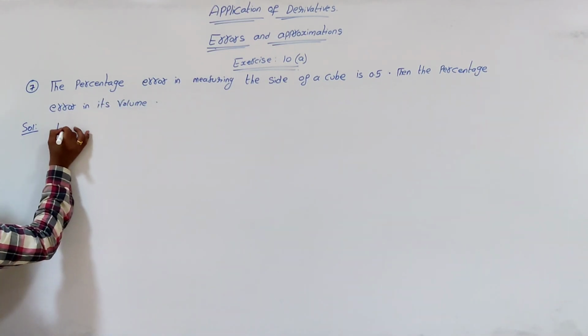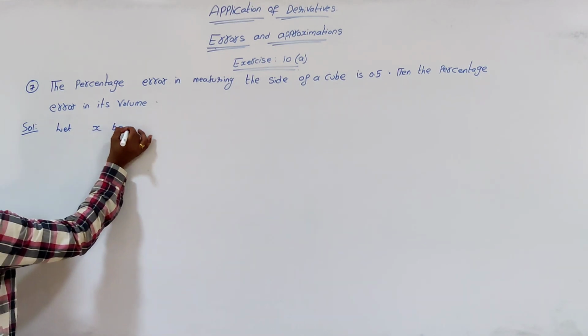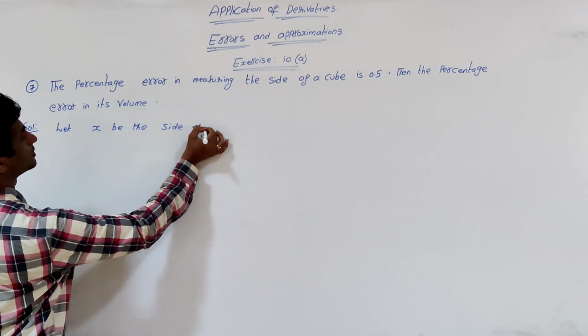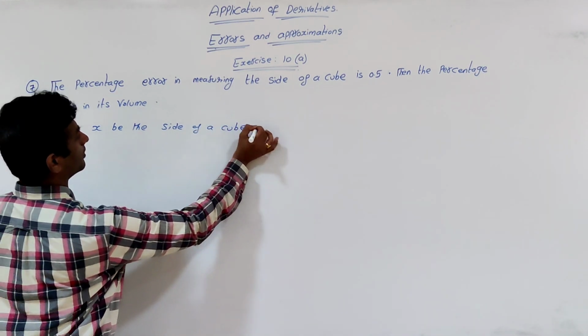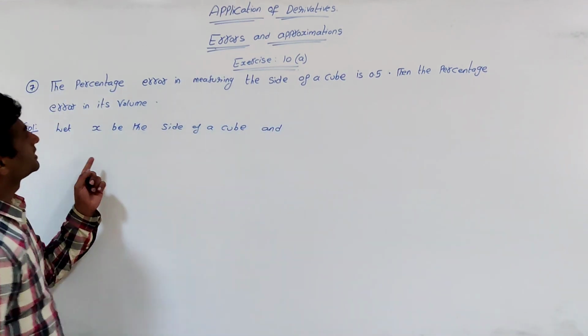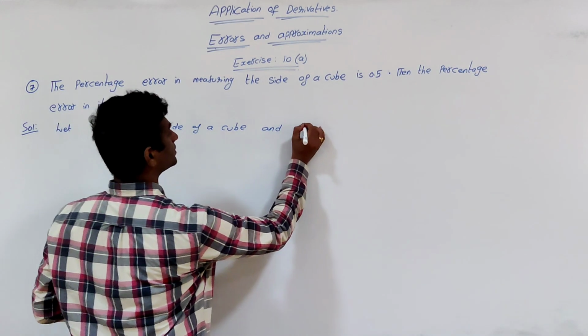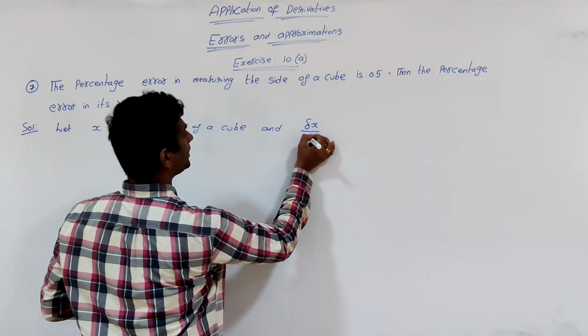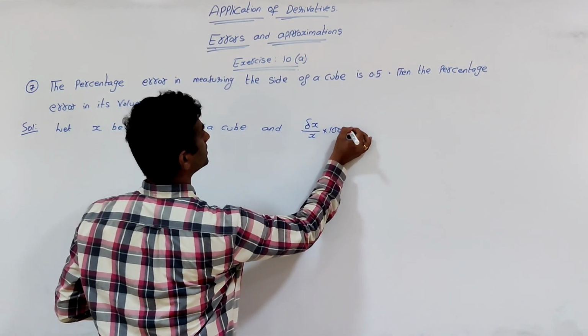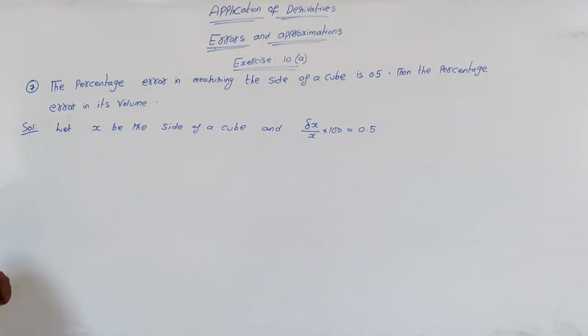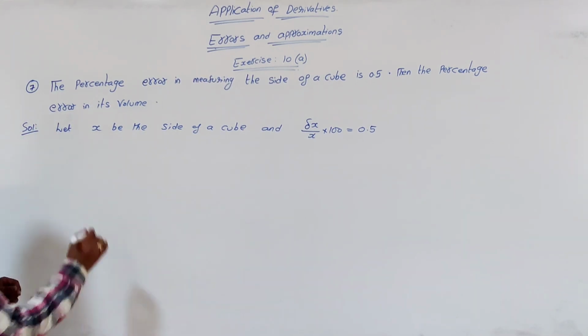So let x be the side of a cube, and what is given? The percentage error in its side, that is delta x by x into 100, is given as 0.5. Then what is the percentage error in its volume?